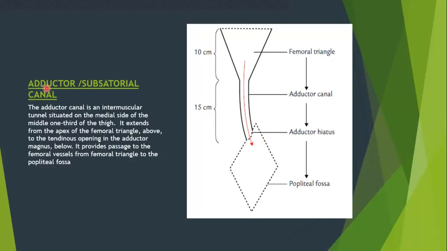Now let's look at the adductor canal, the subsartorial canal. The adductor canal is an intermuscular tunnel situated in the medial side of the middle 1/3 of the thigh. I hope everyone knows what a tunnel is.